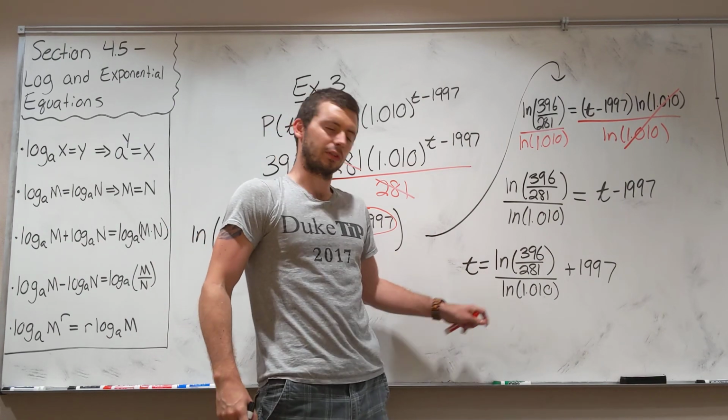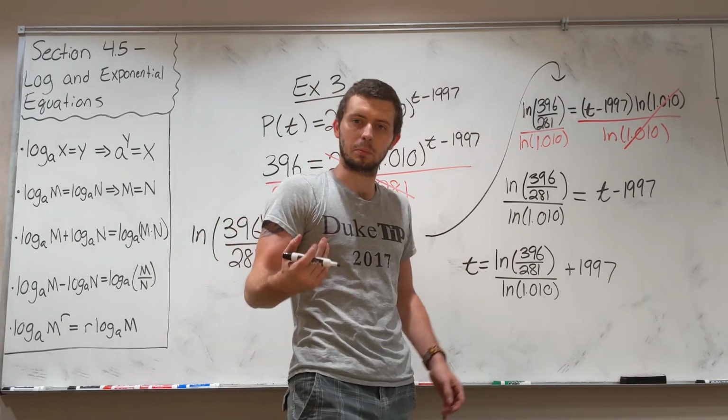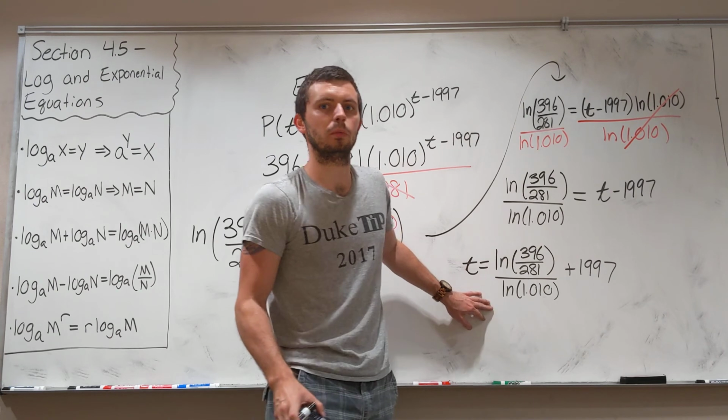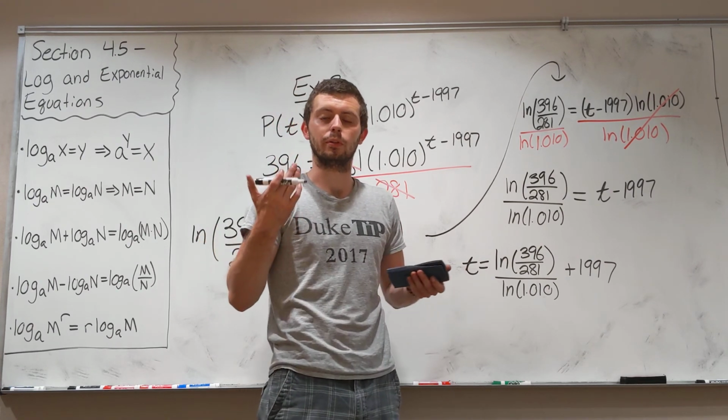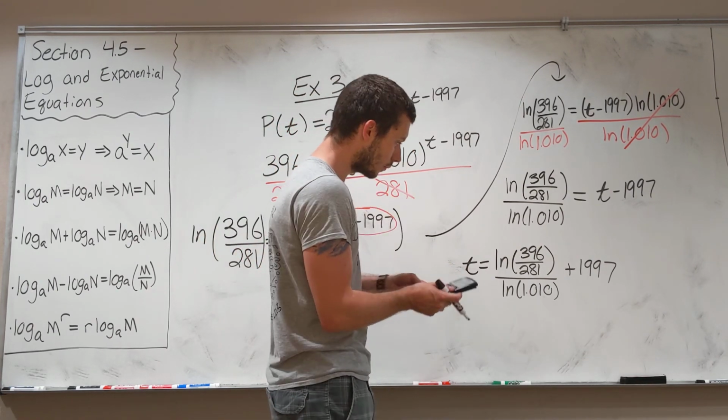And you will have to put this in your calculator because the problem wants you to find a decimal and round it to the nearest whole number.